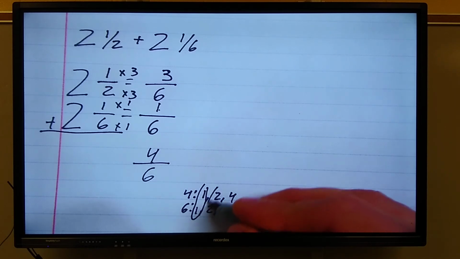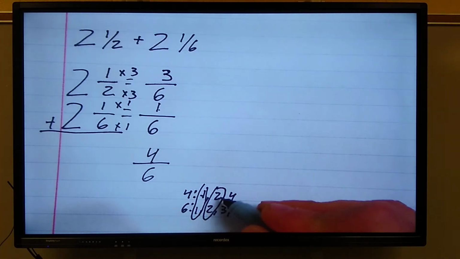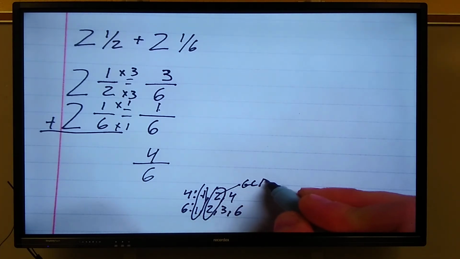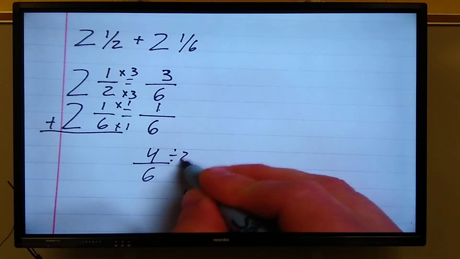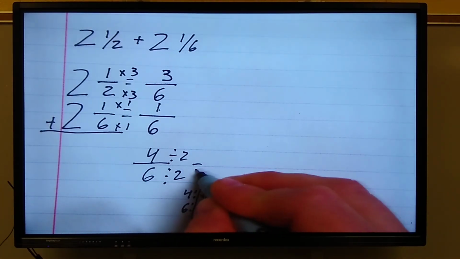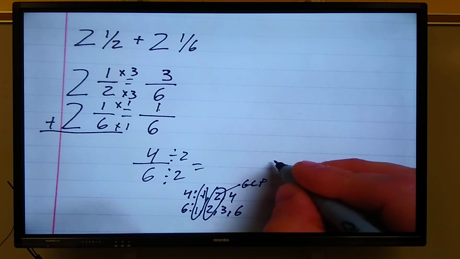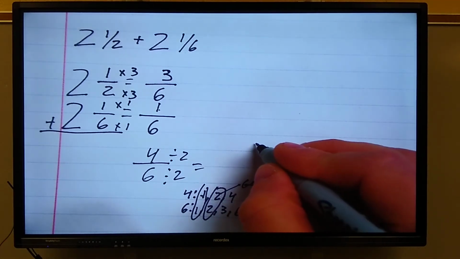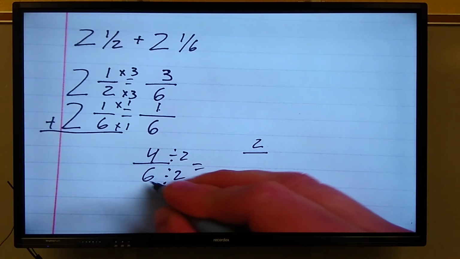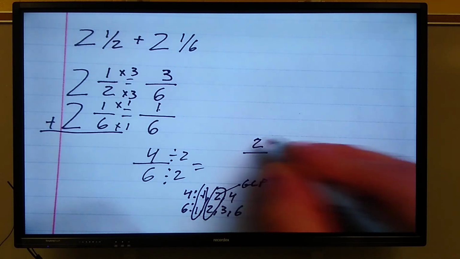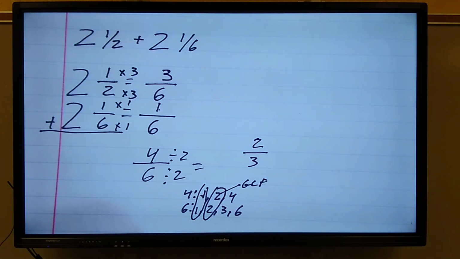Circle the ones that are the same, 1 and 2. 2 is the greatest common factor. That's what I've used to divide. 2 divided by 2 is 1. 4 divided by 2 is 2. 6 divided by 2 is 3. My last step, add all the whole numbers.